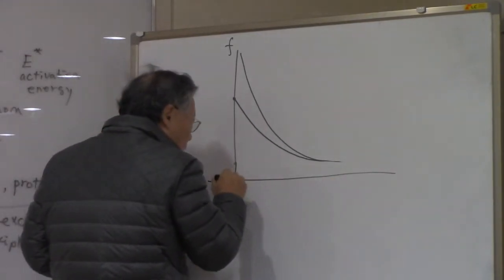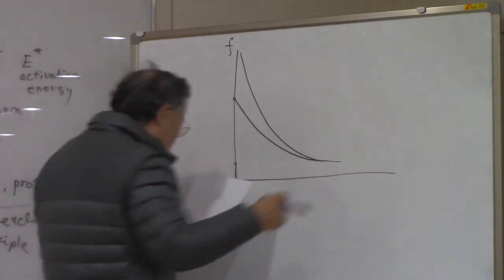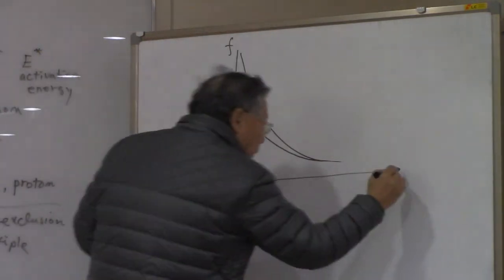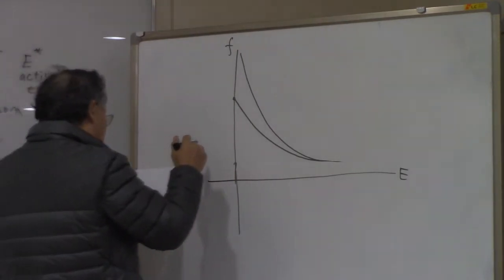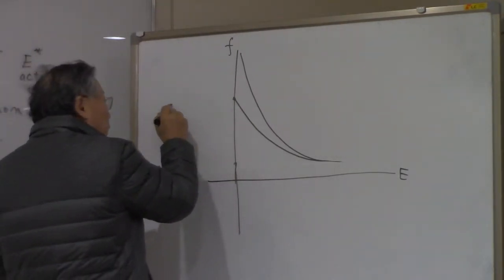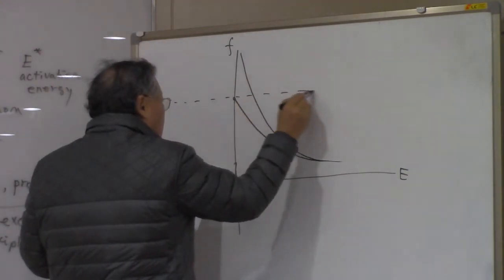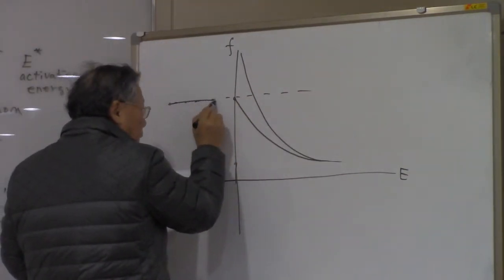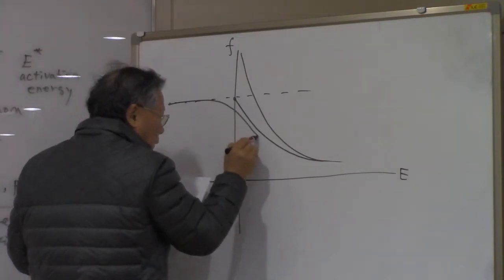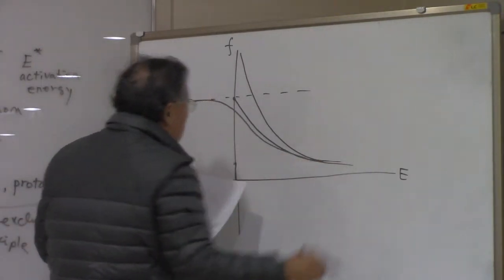This is going to approach, very large energies, but it goes like that. And the Fermi-Dirac stays something like this.